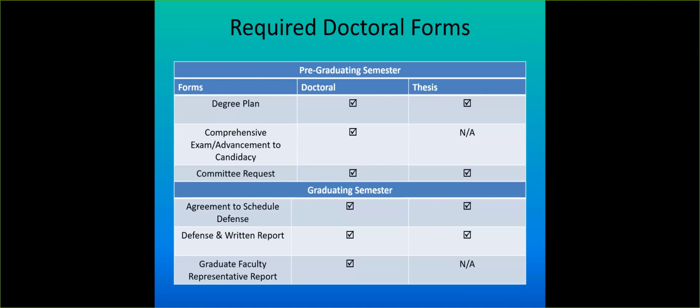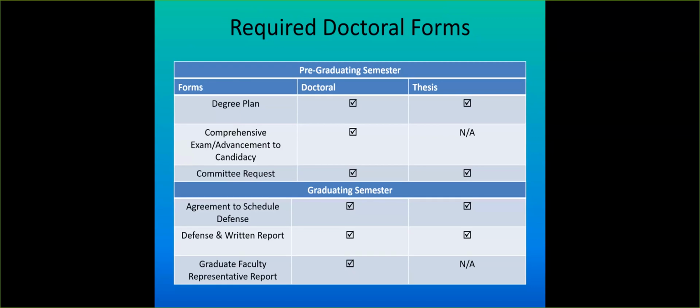So required forms for our doctoral students. You should all have a degree plan on file and a comprehensive exam that you've passed in a form that indicates that passing, a committee appointment form, and in your graduating semester, we should have an agreement to schedule your defense, a defense and written report, which is saying whether or not you passed your defense, and we would get that submitted to our office after your defense has occurred.